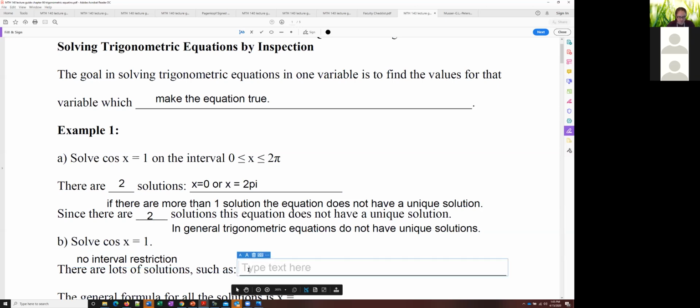We already know a couple of them. So there's x equals 0, x equals 2 pi. There's also negative 2 pi, 4 pi, negative 4 pi, 6 pi, negative 6 pi, 8 pi, negative 8 pi, 10 pi, negative 10 pi. I could just keep going forever and ever, right?